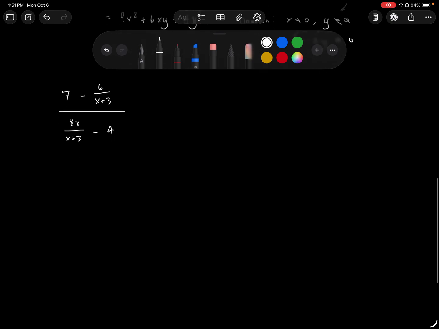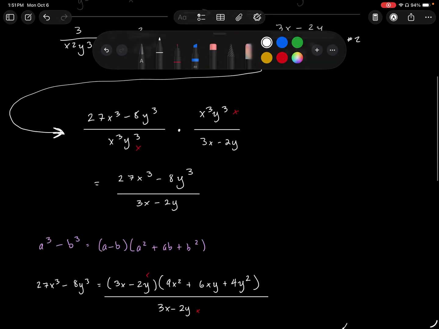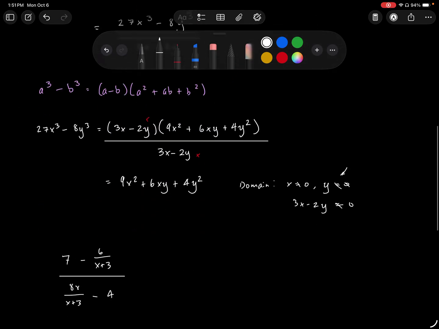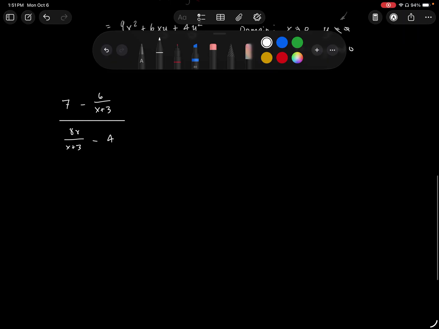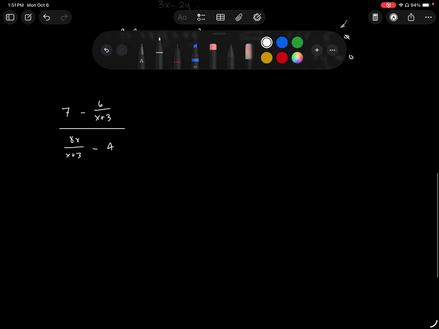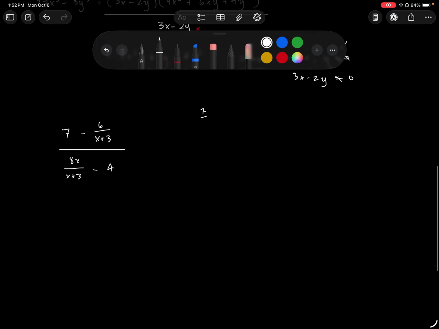So you're going to multiply the numerator and the denominator by the least common denominator, which in this case is x plus 3, which is kind of self-explanatory and easy to identify because if you just put that as 7 over 1 minus 6 over x plus 3, you're just multiplying this part by x plus 3, right? Like the left side.